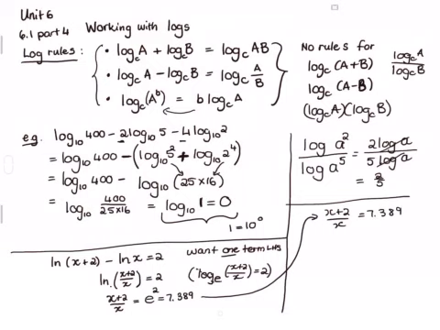7.389. Remember, we don't like to have something underneath. If we take it across the equal to, it must do the opposite, which is multiply. So x plus 2 equals 7.389x. But these are like terms. Even though this one has a funny number, they are still like terms.